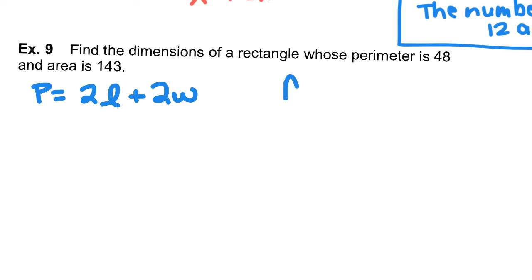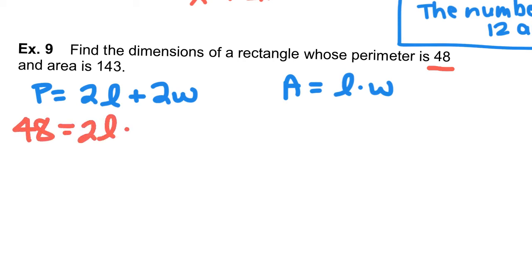To find area, we would have length times width. We use that information that's given in the problem. The perimeter is 48, so we have the equation 48 equals 2 times length plus 2 times width. And the area is 143. That would be 143 equals length times width.